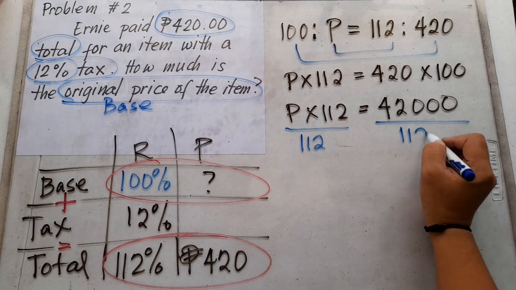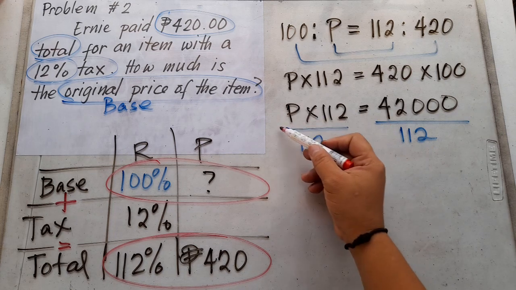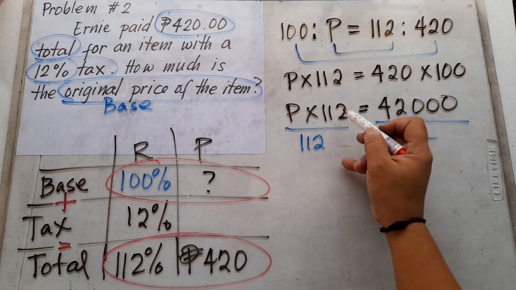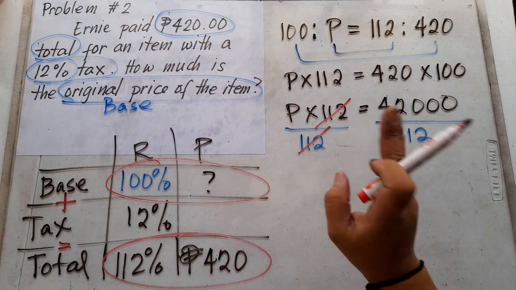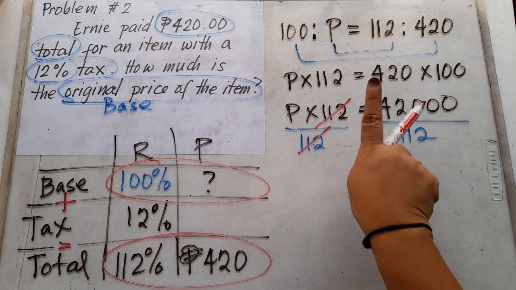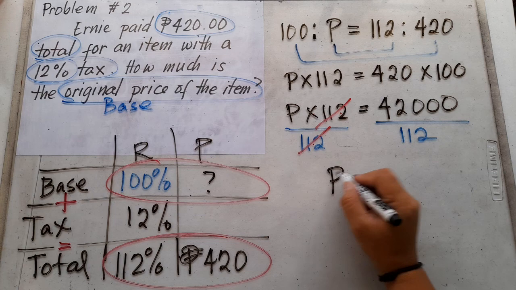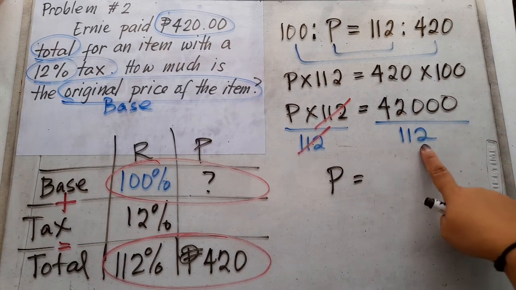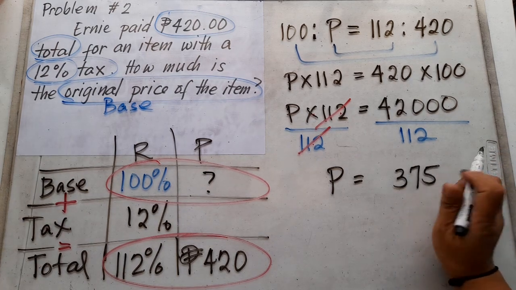Bakit 112? Kasi yan yung kasama ni P. Yung nakamultiply kay P, 112. So, 112 divided by itself is always 1. Any number divided by itself is 1. Times P will have P. And then, 42,000 divided by 112 will give us 375.